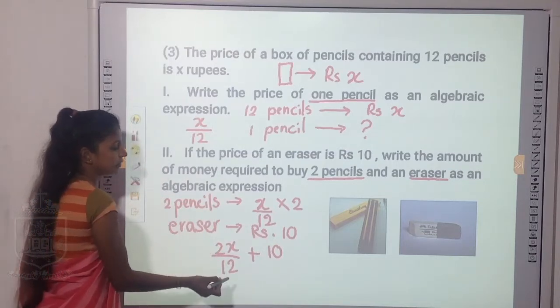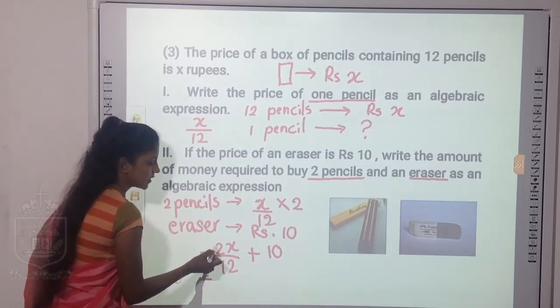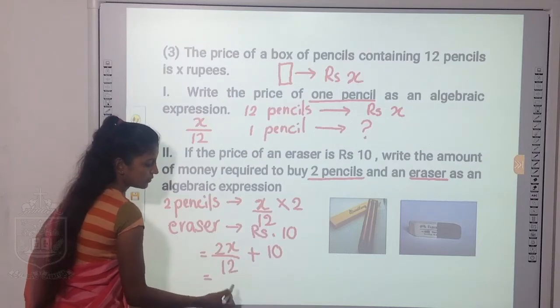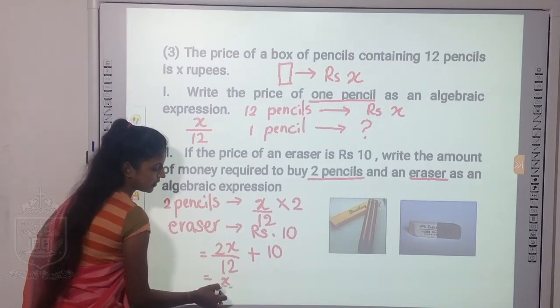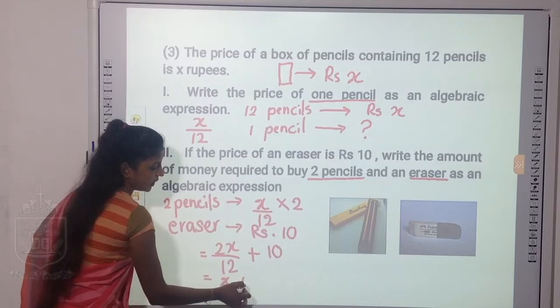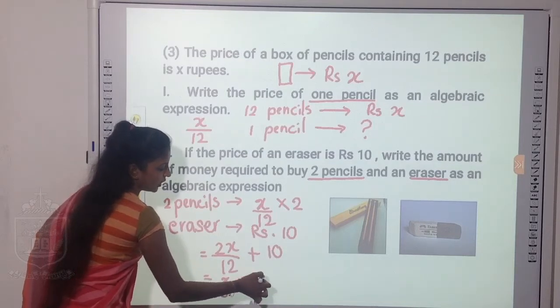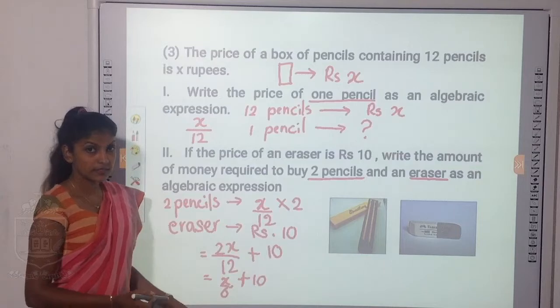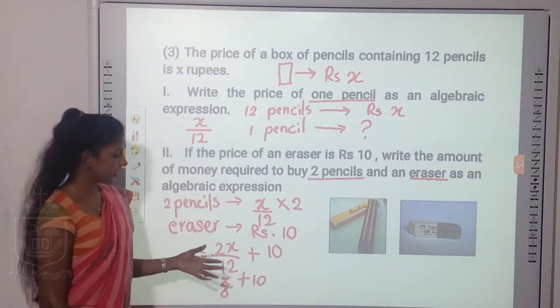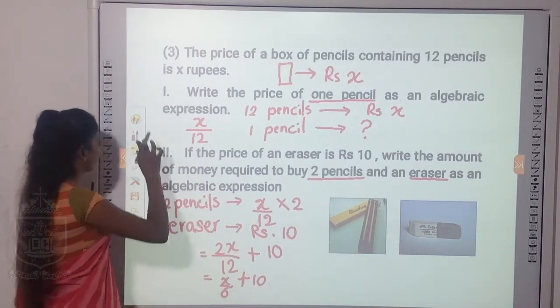Here we can simplify this like this. 2 divided by 12, see, x over 6 can also be taken like this. X over 6 plus 10, or you can leave the answer like this. Since you are just constructing, you can leave the answer like this also.